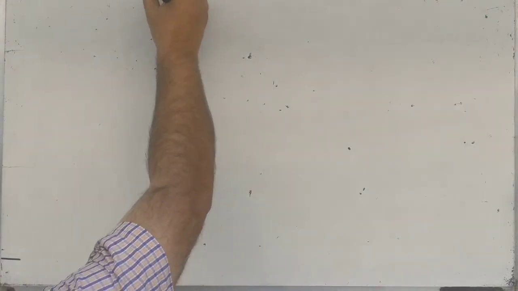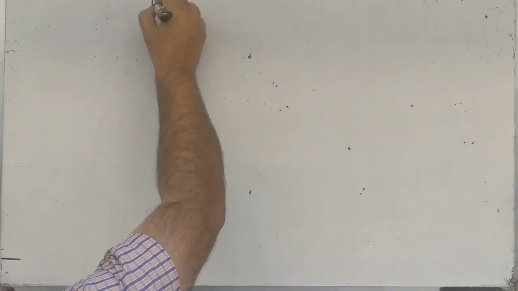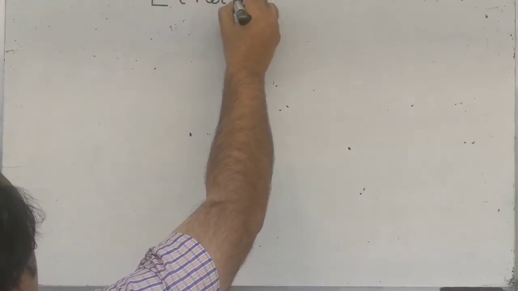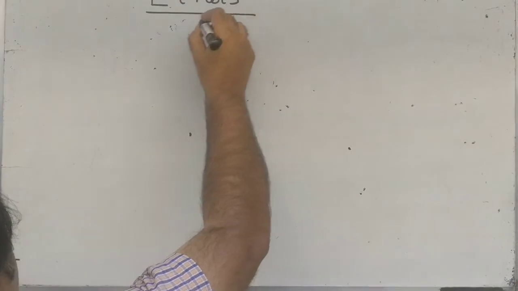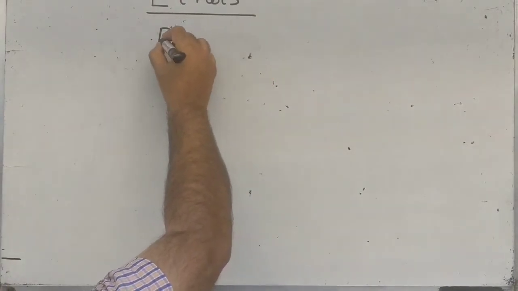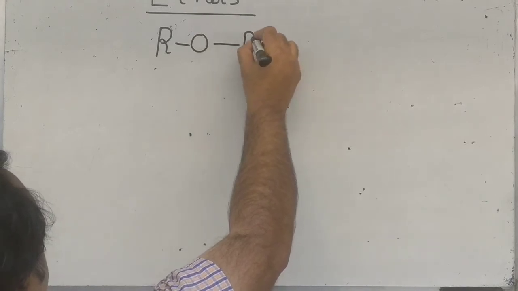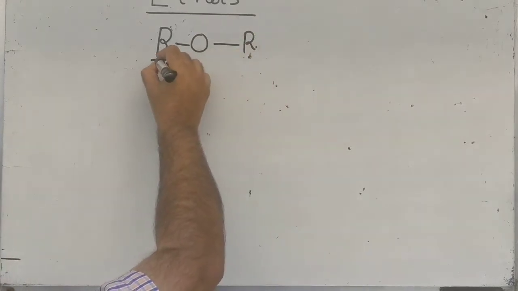So let's start with ethers. So we are starting with ethers. The general formula is R-O-R. What does R stand for?